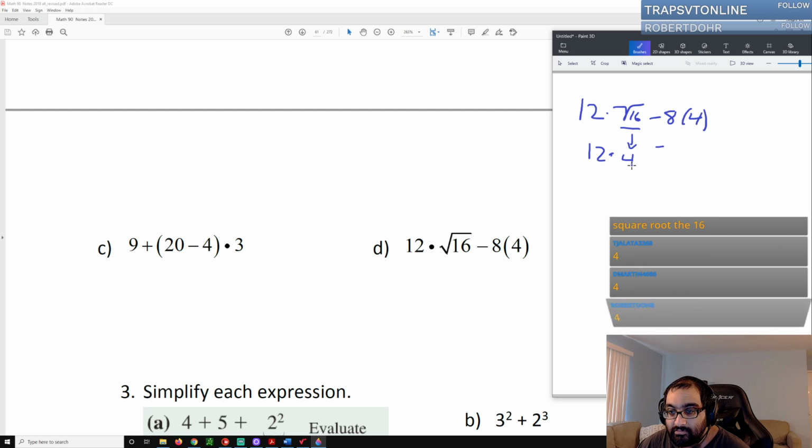Nice. Good. That's right. Now, also suggested to do the 8 times 4 here. So what's 8 times 4? That was suggested. You could do that too. Still have to do the square root by itself, but still. 32. Nice. All right, spot on.